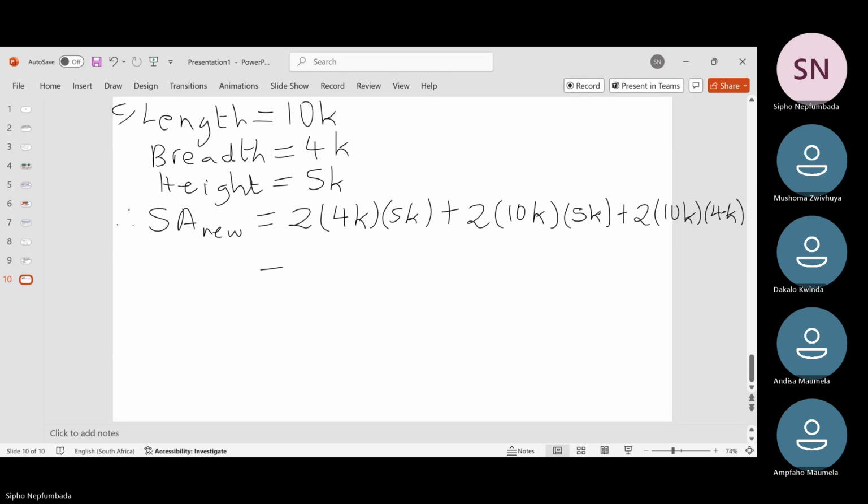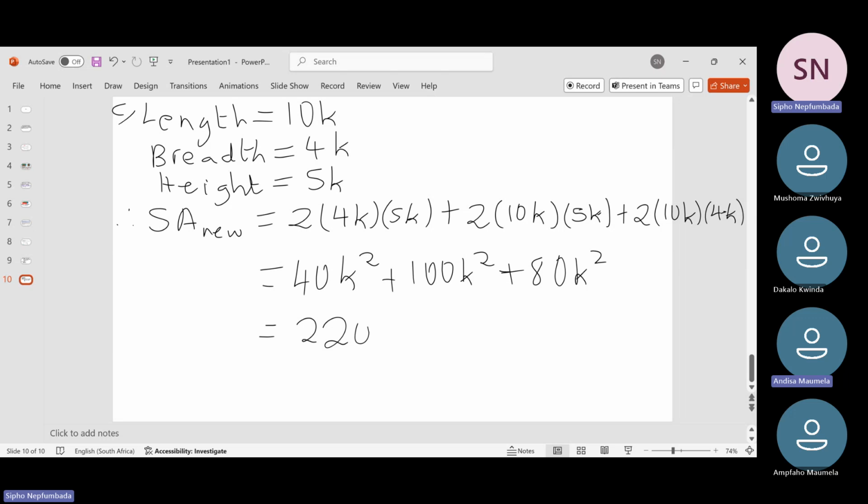Then we get 40k squared plus 100k squared plus 80k squared. Is it difficult? Which is equal to 220k squared centimeter square.